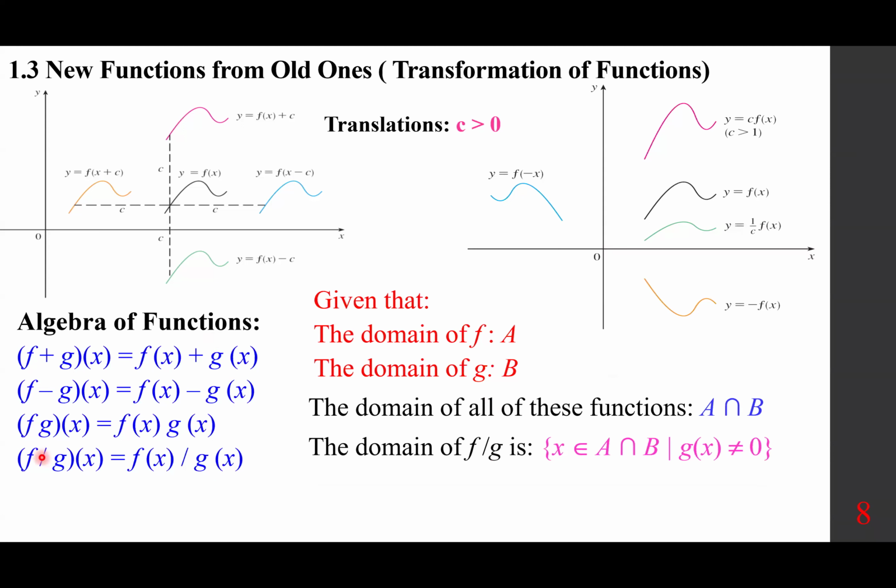So for this one only, the domain would be the same as here, with the added condition such that g of x can't be 0. So I read this: x is an element of A intersection B such that g of x can't be 0.